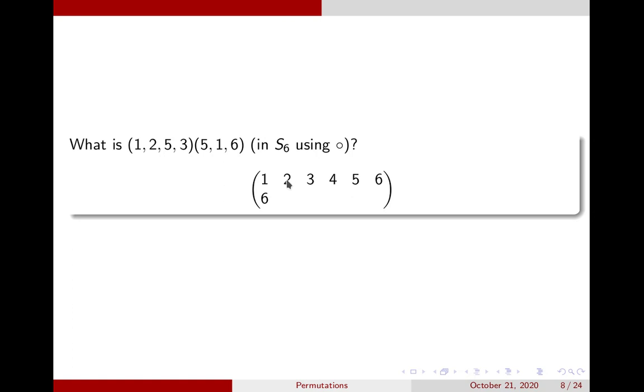We can do the same kind of calculation with 2. The right cycle, let's see, 2 does not appear in the cycle 5, 1, 6, so 2 is sent to 2. And then the left cycle sends 2 to 5. The net effect is that 2 is sent to 5.